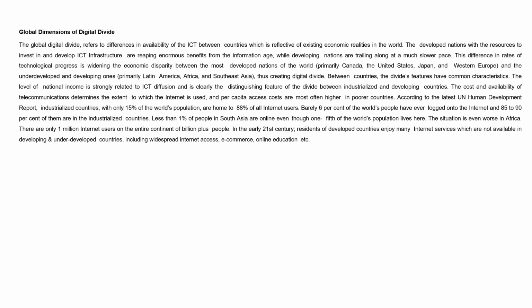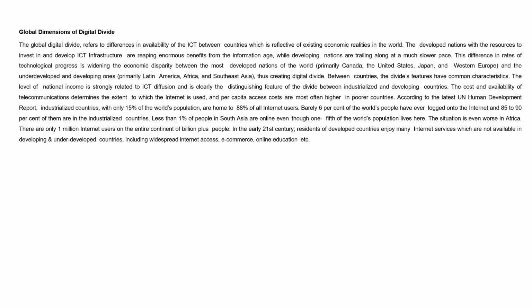Global dimension of digital divide. The global digital divide refers to difference in the availability of ICT between countries, which is reflective of existing economic realities in the world. The developed nations with the resources to invest in and develop ICT infrastructure are reaping enormous benefits from the information age, while developing nations are trailing along at a much slower pace.